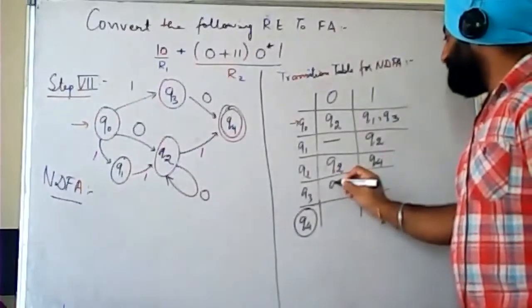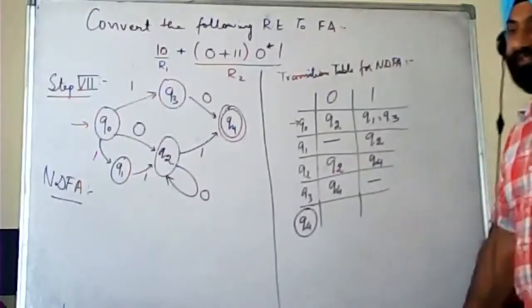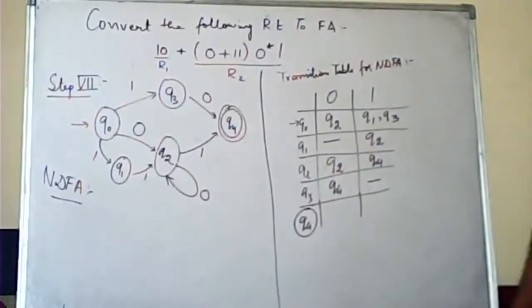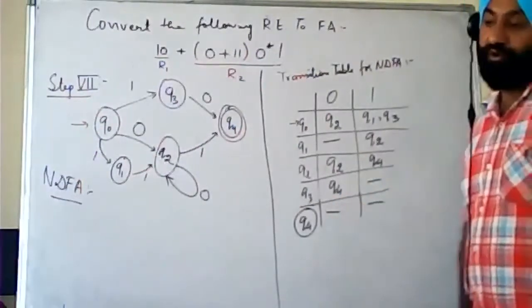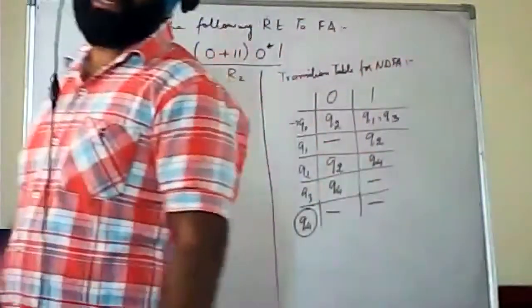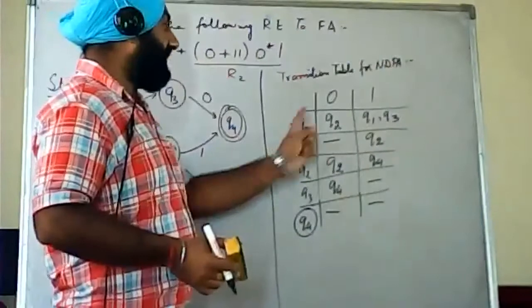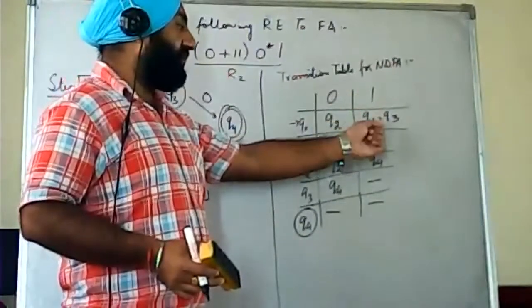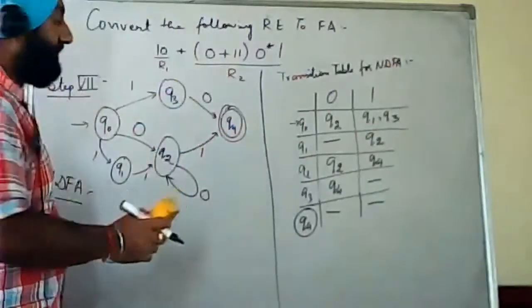Q3 upon the processing of 0 is going to Q4, and upon the processing of 1 it is going nowhere. And similarly for Q4. So this is the diagram for NDFA, because you have multiple outputs over here. That is the reason this is your NDFA.